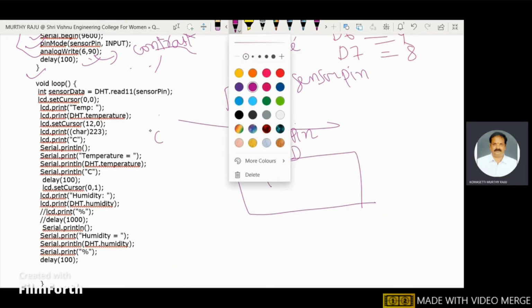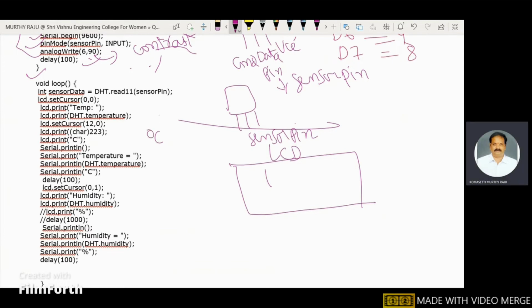Here we use degree centigrade. For the C character, the value is 223. That is the reason for LCD.print character 223.